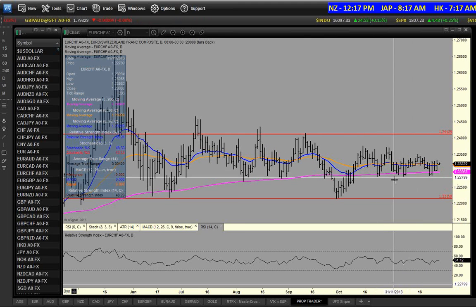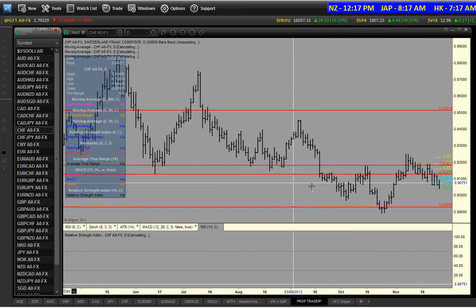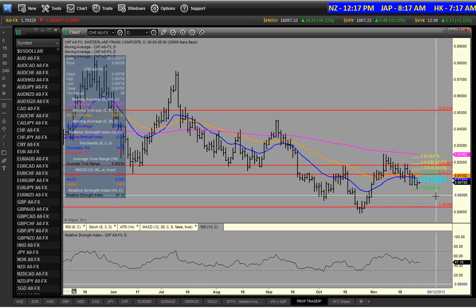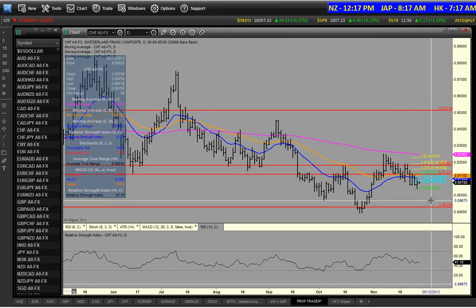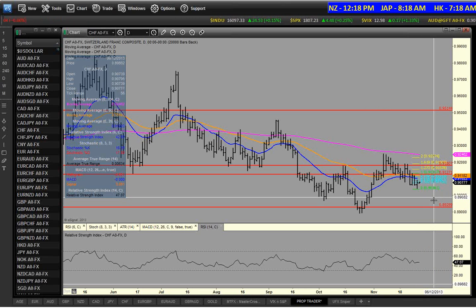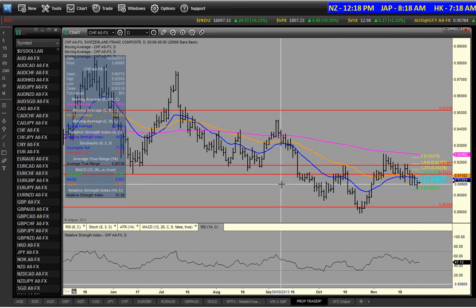That's a daily on the Euro Swiss, just going absolutely nowhere. Yeah, so on the 4 hour you might get a decent risk reward down to this level here at 90, 89.50, 89.29. You're risking 20 pips and you're looking at 90, which is 80 pips, so that's 1 to 4. It's not bad.